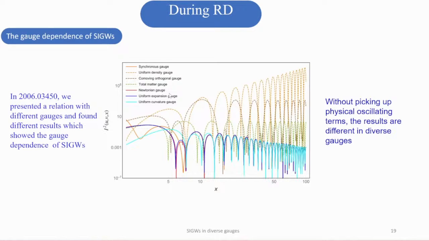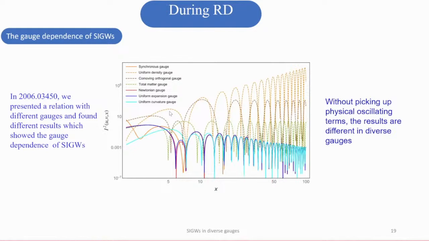These results basically show the gauge dependence. If they overlap or have the same result, then we can say that this problem is gauge independent. So we have to find this as well.